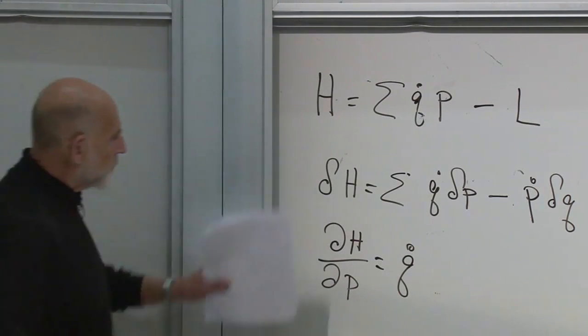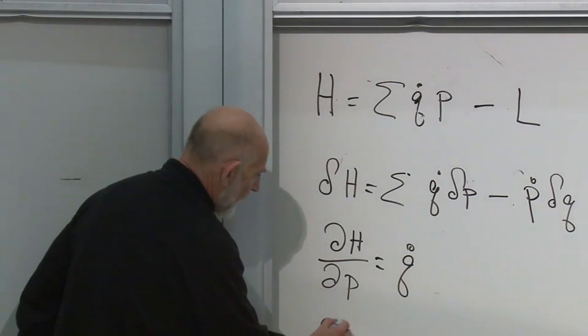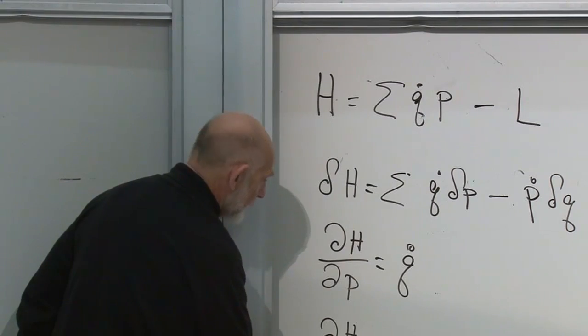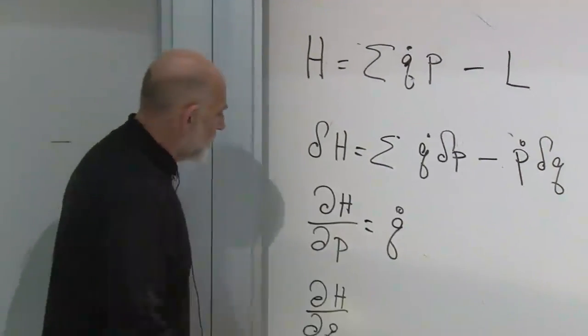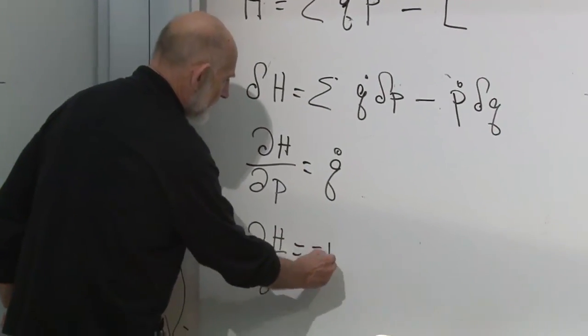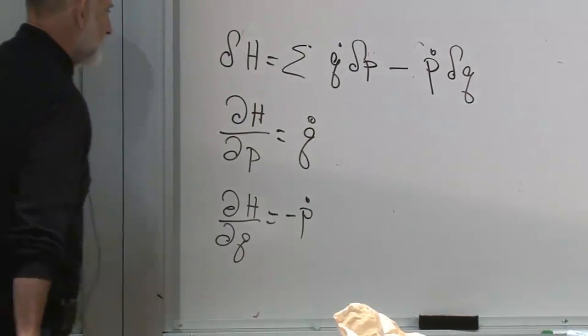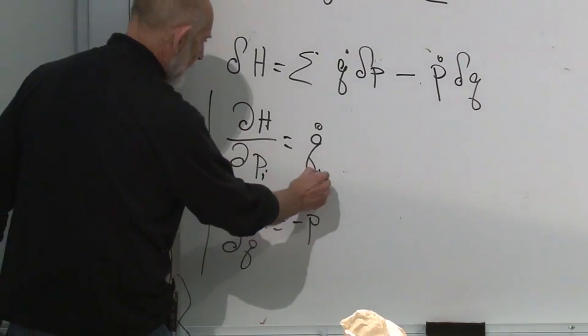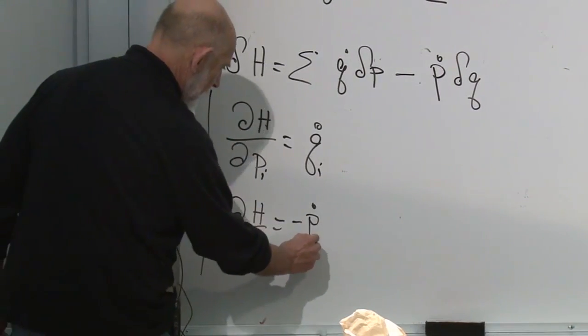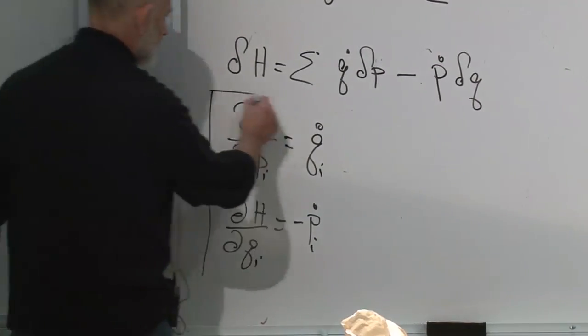And the other equation is that the derivative of the Hamiltonian with respect to q is minus p dot. And there's an equation like this for each i.